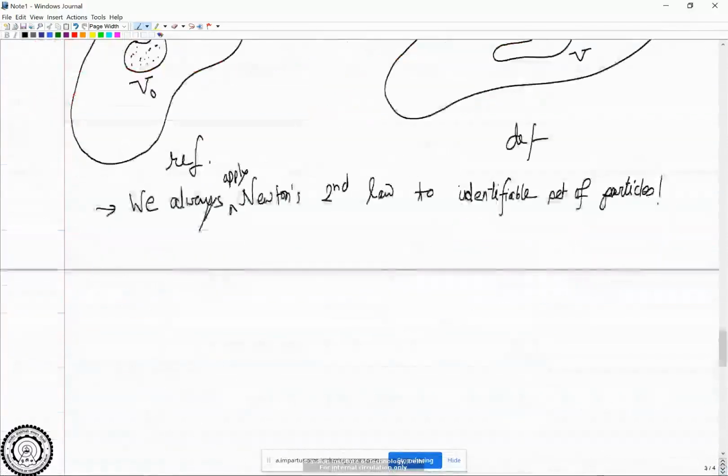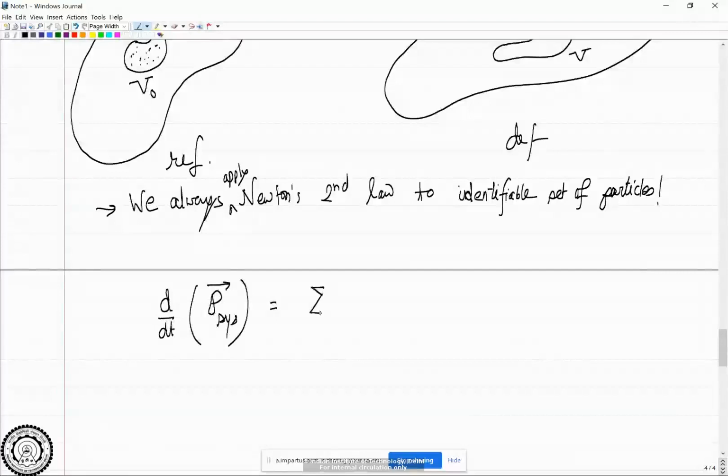So what does Newton's second law tell us? It's very simple: if we denote linear momentum by P, then the rate of change of linear momentum of the system is equal to the net external force acting on that system. Okay, this is Newton's second law.